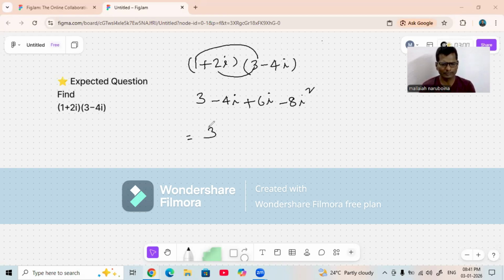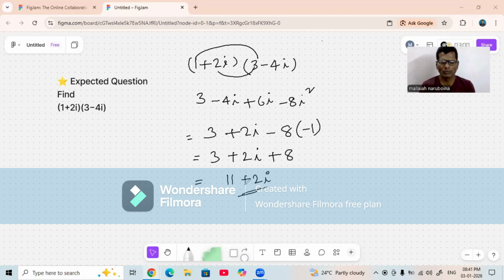Next 3, 6i minus 4i is plus 2i, minus 8 into i square value minus 1. 3 plus 2i, minus into minus is plus 8, 3 plus 8 is 11, 11 plus 2i. So in this way we have to perform multiplication.